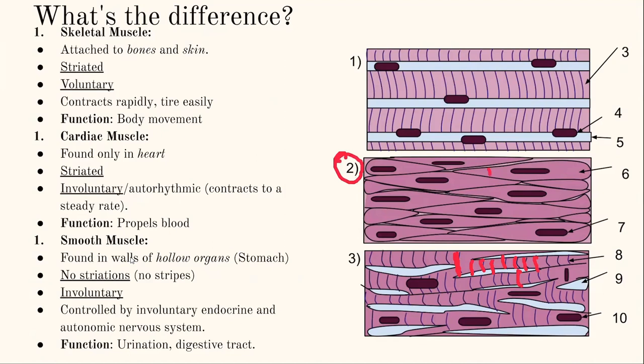This has no striations. And this is also involuntary, so we don't have to think about using the bathroom or urinating, or our digestive tract. We don't have to think how to do that. We just go ahead and do it. So it's involuntary.